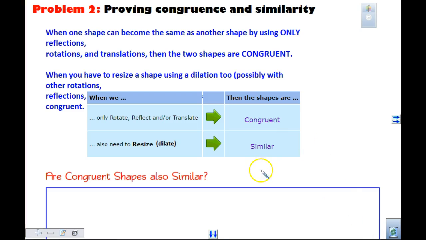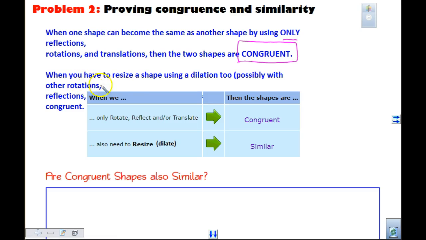So if you take a look at that next page of notes, it says proving congruence and similarity. When one shape can become the same as the other using only reflection, rotation, or translation, they are congruent. Some of you missed this on your quiz. Congruent is with reflection, rotation, and translation.